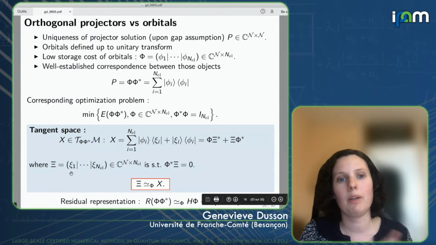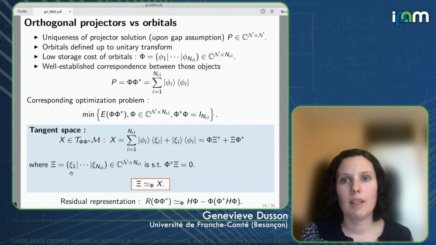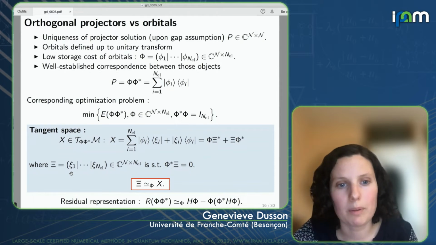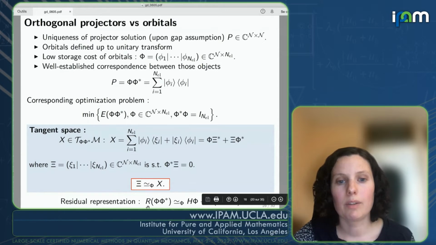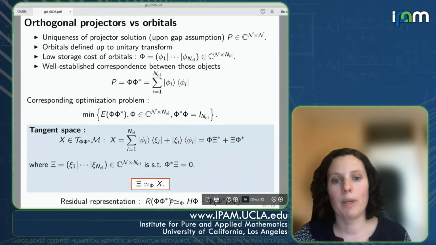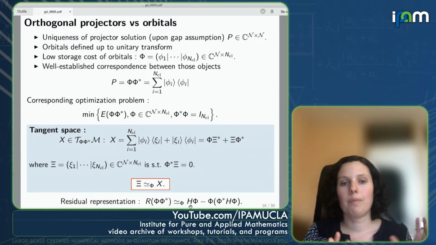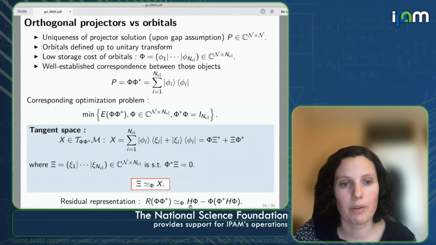So there is really a one-to-one correspondence between objects that are big matrices and orbitals. And so, for example, for the residual, a priori the residual is a large matrix, but we can write down this correspondence, and what we obtain for the residual are the residual vectors that we would obtain if we considered the residual of the quantum equations.